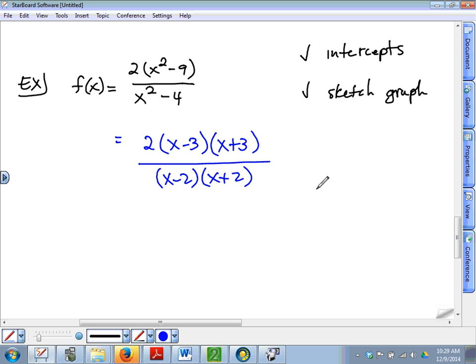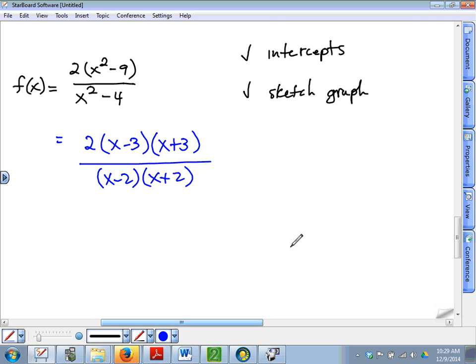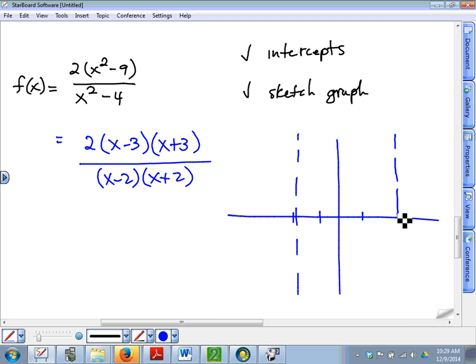That would represent a hole. If they're not removable, that's a vertical asymptote. So what do we have? These are non-removable. So vertical asymptotes at 2 and negative 2. Vertical asymptotes are from domain restrictions if they're non-removable. If they're removable, they're holes.